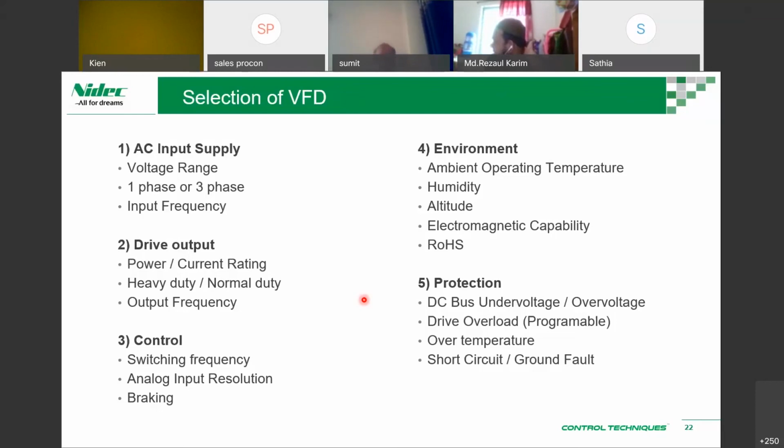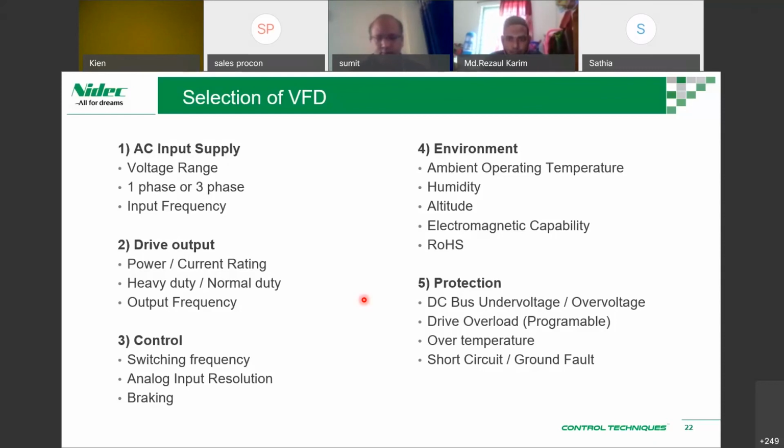Normal duty is for fan and pump applications where your load increases as the speed increases. So we need to understand which kind of application we're doing, whether it's normal duty or heavy duty. You can communicate with the sales guys or even the technical guys, and we will be able to advise you better.